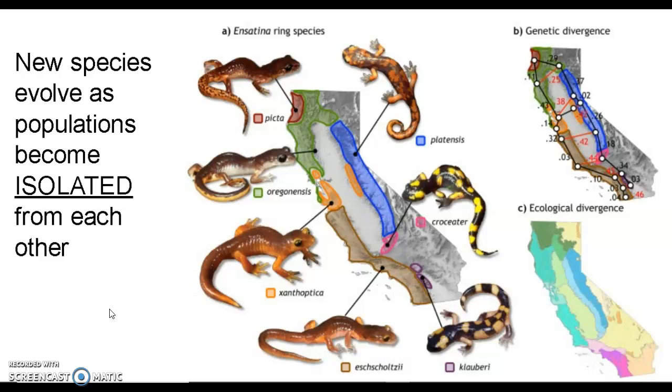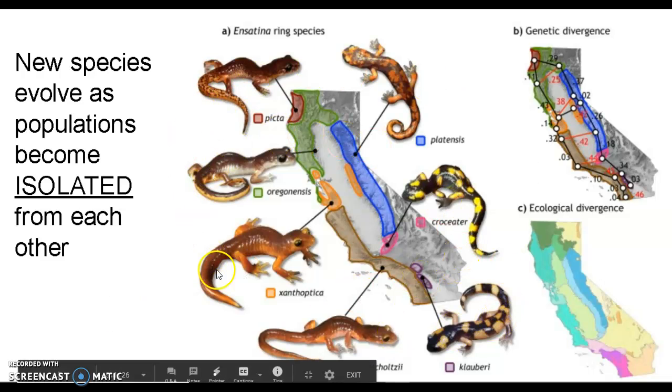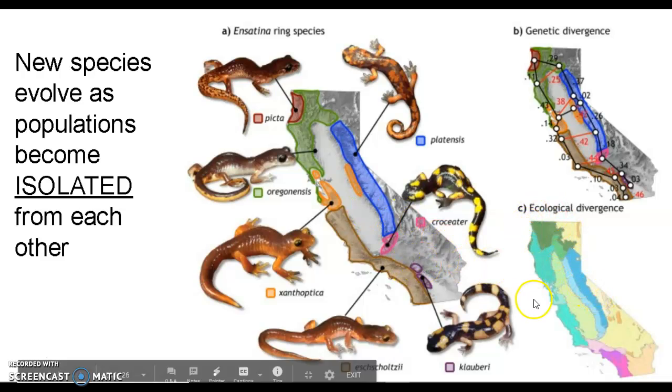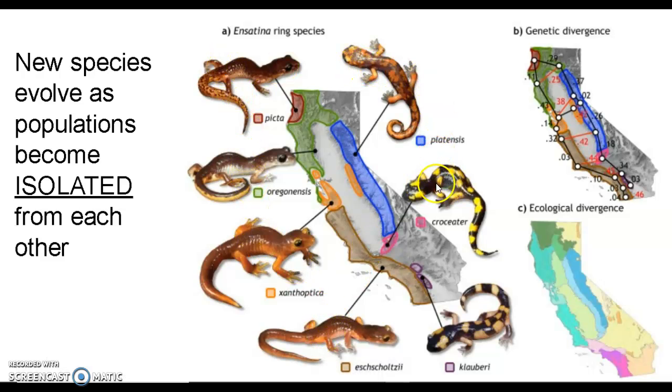One way that populations can become isolated is geographically. For example, if we take all of these salamanders, at one point there was just one type of salamander living in this area, but each group of salamanders became isolated from each other in different areas of California, and there were different environments that each group had to adapt to over thousands of years until they became isolated for so long.